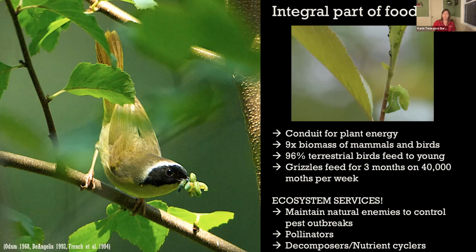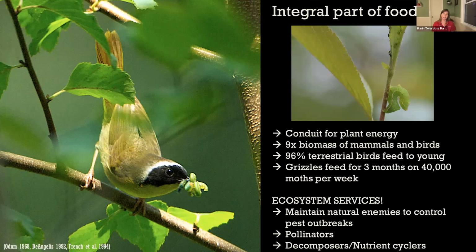And being part of food webs is also important for ecosystem services that humans gain. So we think of ecosystem services as services that insects provide to us as humans that make our lives better. Things that these insects are doing are maintaining natural enemies to control pest outbreaks.